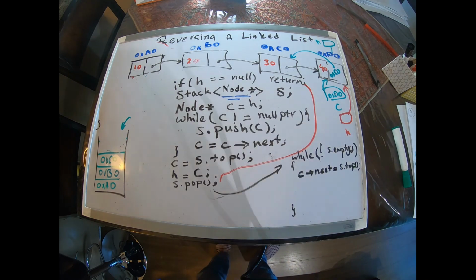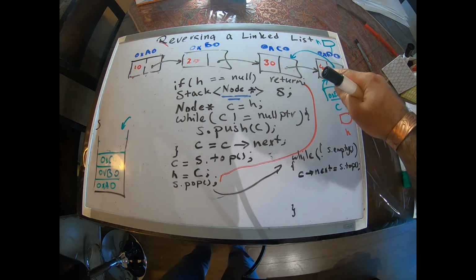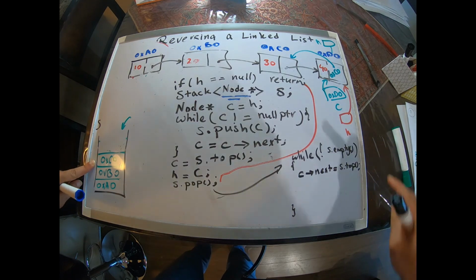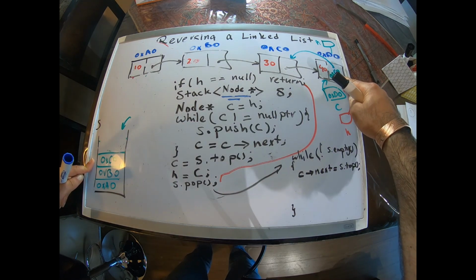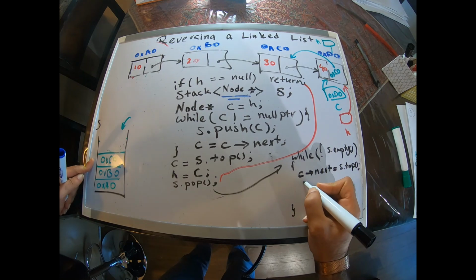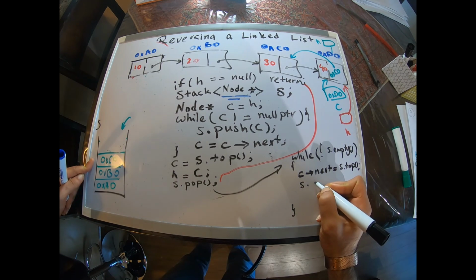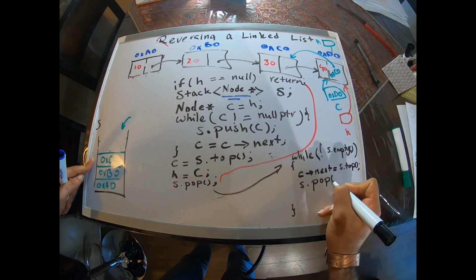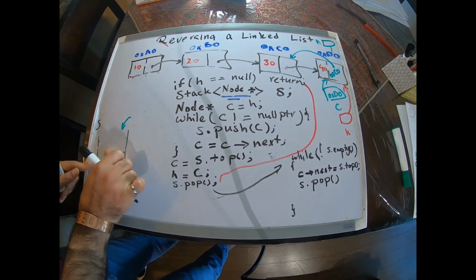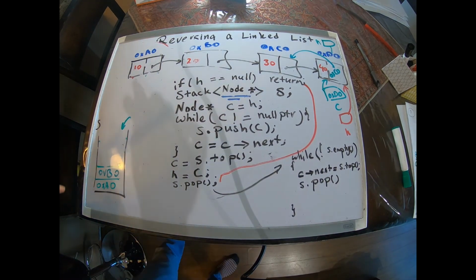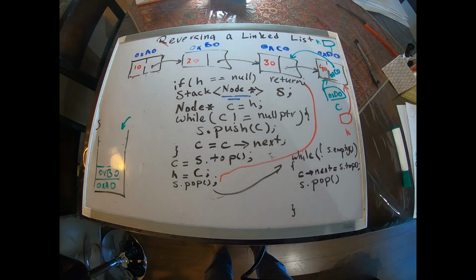Okay. And now I'm done with this one. I don't need it anymore because I have stored it in this pointer. So I can say s dot pop, remove this one from my stack. I don't need it anymore. Okay, right?